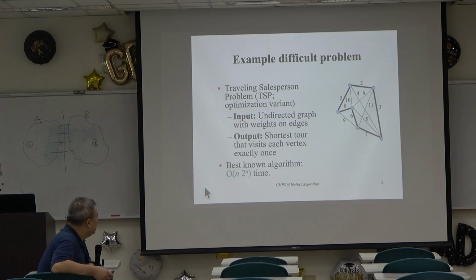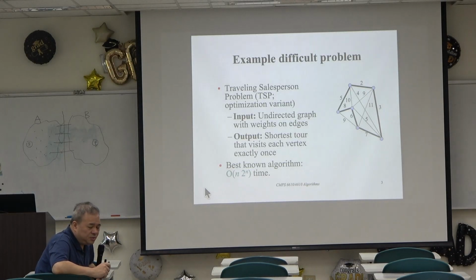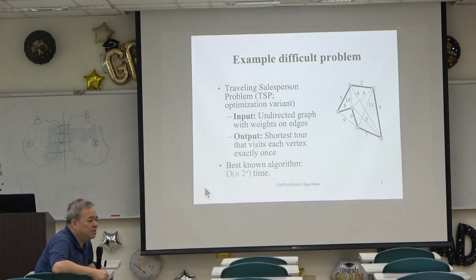The basic idea is, you are a salesman, and each node represents a city, and the edges between the nodes represent, for example, the highway or the path between cities, and the weight associated with each edge represents, for example, traveling time.